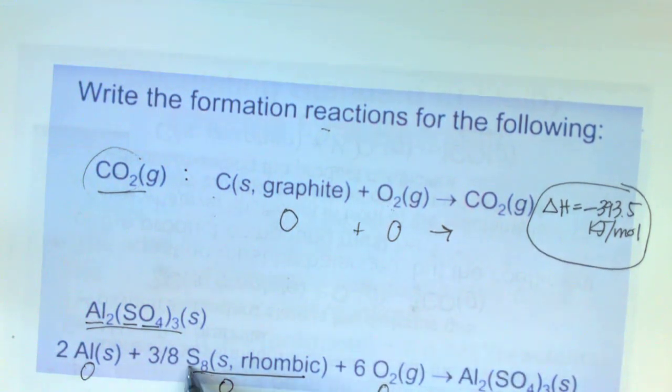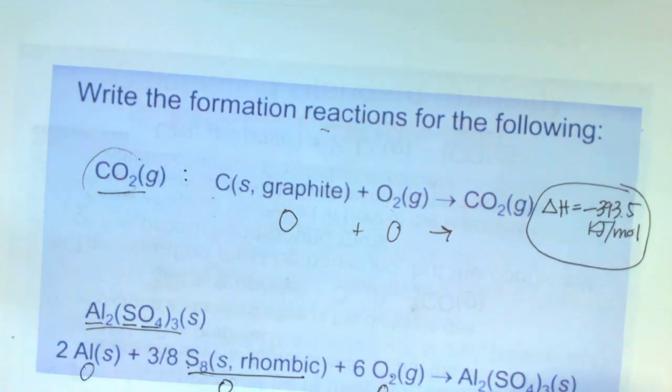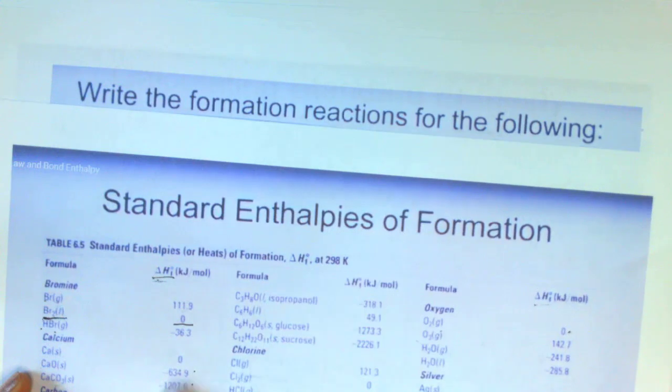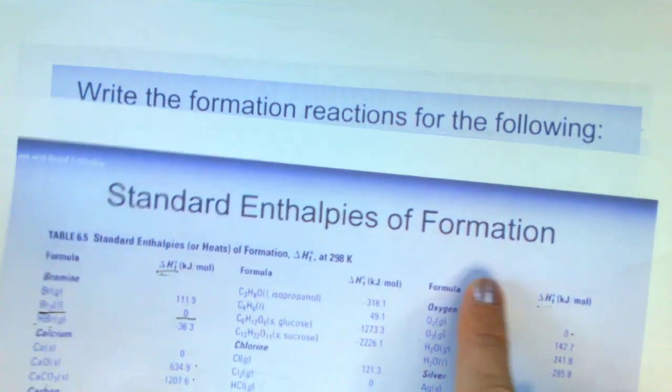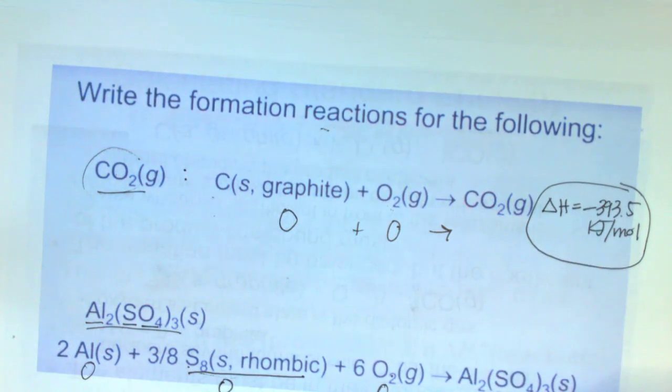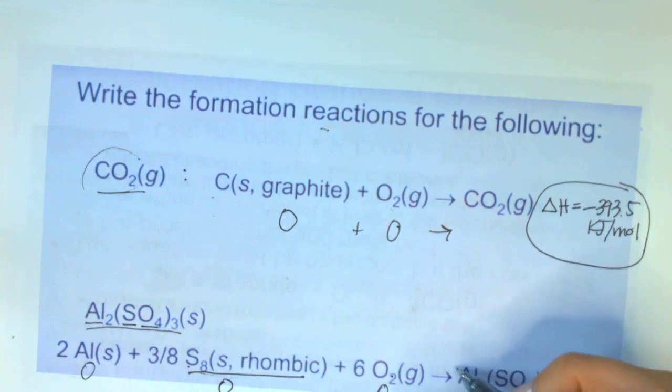So these are my 3 that make it up, and then you can simply look up in the appendix, in the larger chart, this one doesn't have my aluminum sulfate, but it would be on the other chart, the heat of formation for aluminum sulfate. And you can see here that all of these combine to create 1 mole of aluminum sulfate.